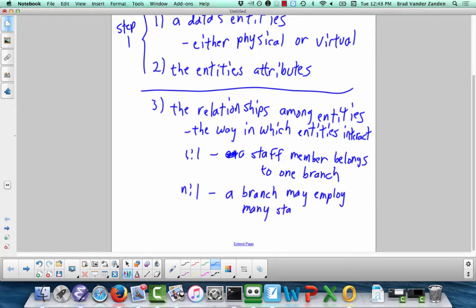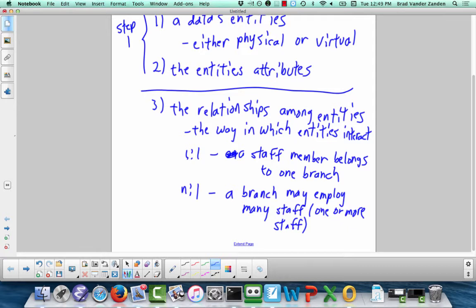Typically, instead of saying it that way, we would say one or more staff. So that's kind of a many-to-one, because a branch can have many staff. We say a staff member is one-to-one because that side of the relationship can belong to only one branch.